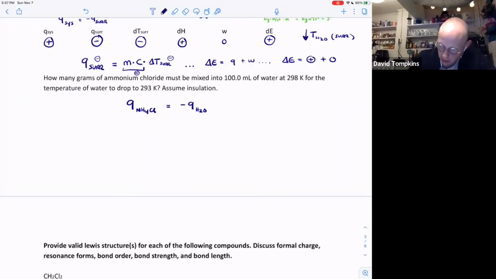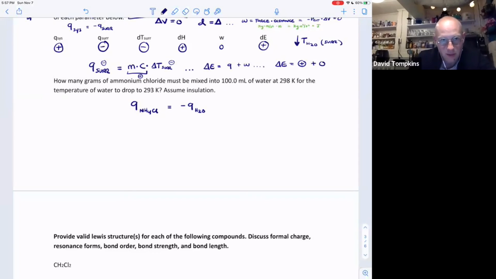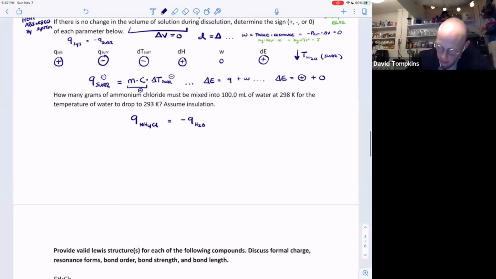So we simply need to relate these heat exchanges with a temperature change. But now we're given the final temperature. So we're not given anything in terms of information about ammonium chloride's specific heat. So we're not going to use that equation of n times C here.